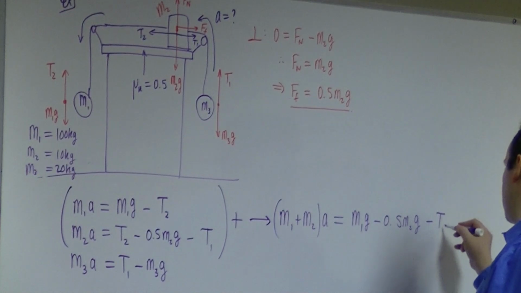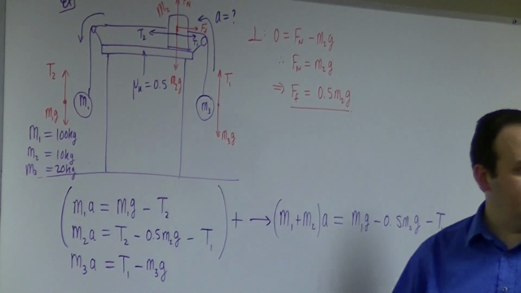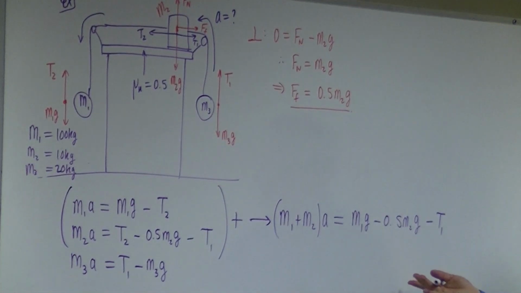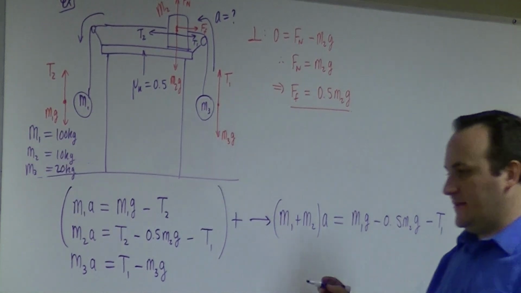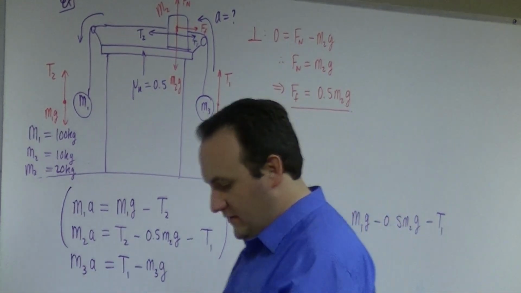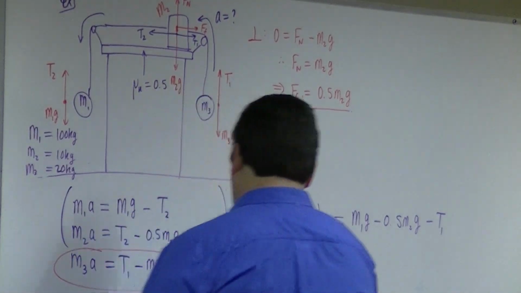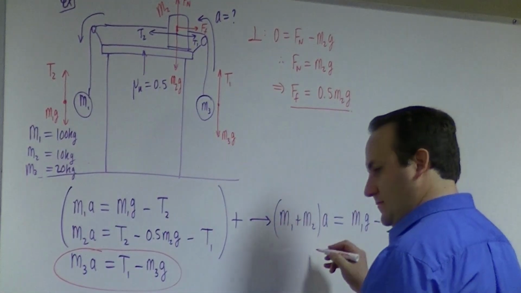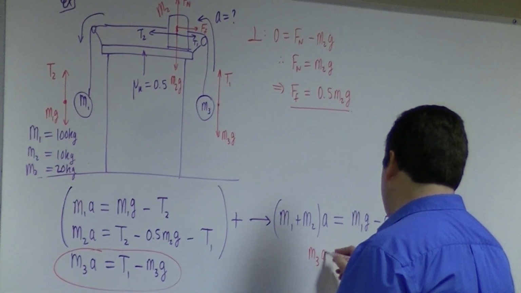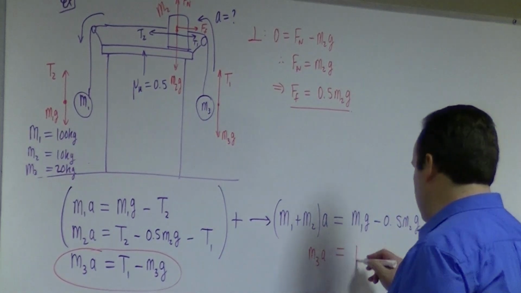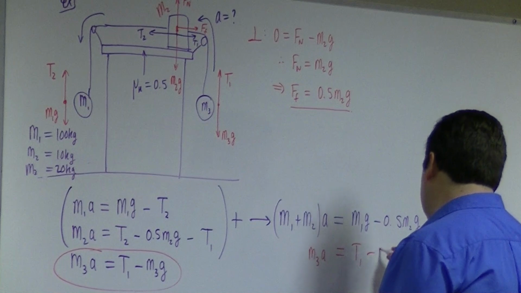The T2's canceled, you notice that? But you still got this pesky T1, but hey, the natural enemy of that is this equation down here, right? So you just take this equation and put it over here. M3A is equal to T1 minus M3G.